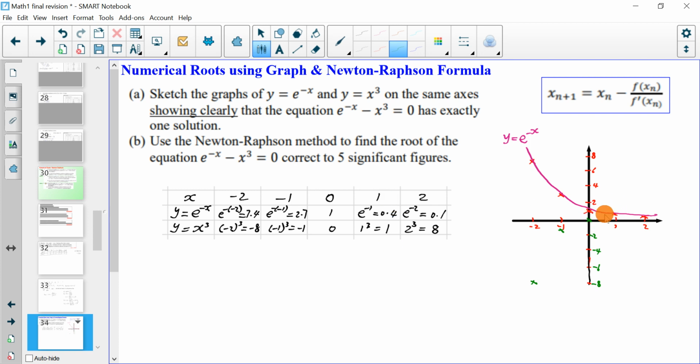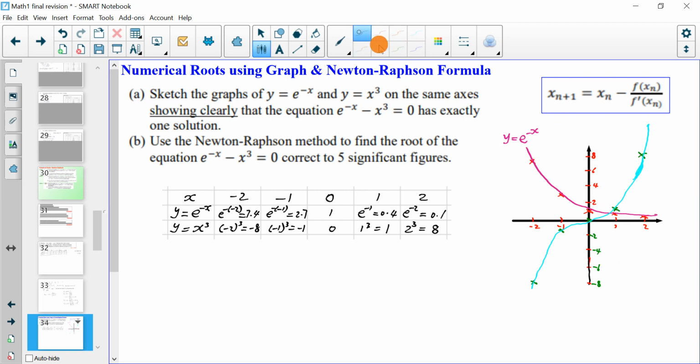And then 1, 1. So going in the positive direction now. And then 2, 8. So 2 in x, 8 up here in y. And if I connect these dots in a smooth way, I then would have my cubic graph. It's quite difficult to draw with this computer pen here, so just imagine I've drawn it smoothly.